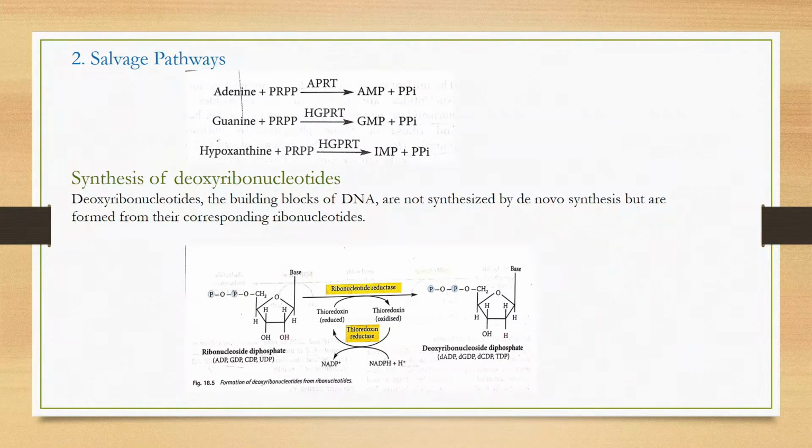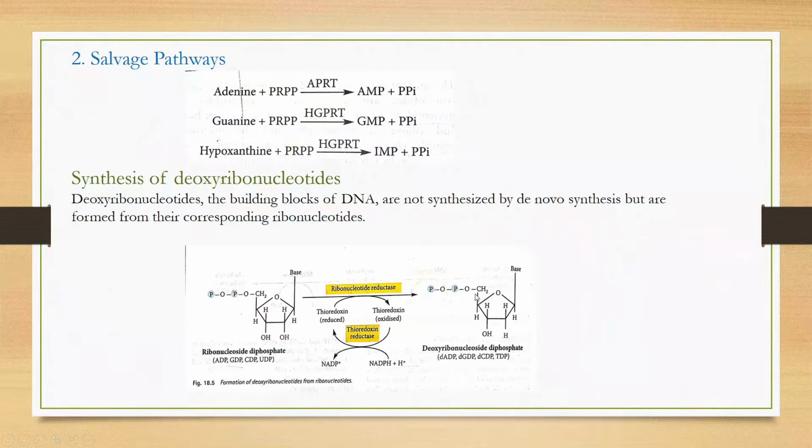The sulfhydryl group of the enzyme provides the hydrogen atoms required for the reduction. A protein cofactor, thioredoxin, supplies the reducing equivalents. Reduced thioredoxin supplies the reducing equivalents and is oxidized in the process.